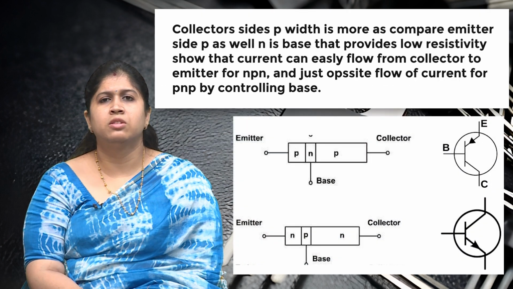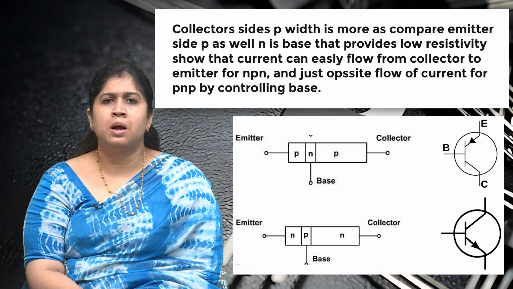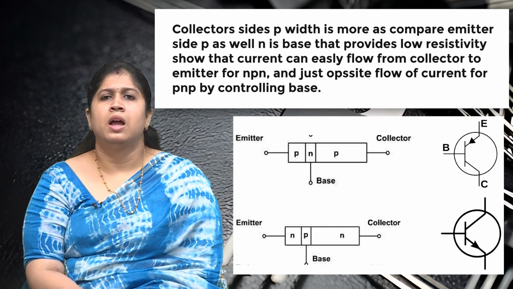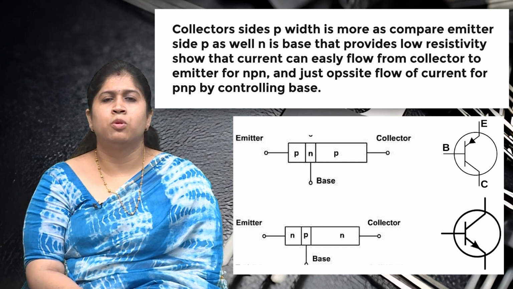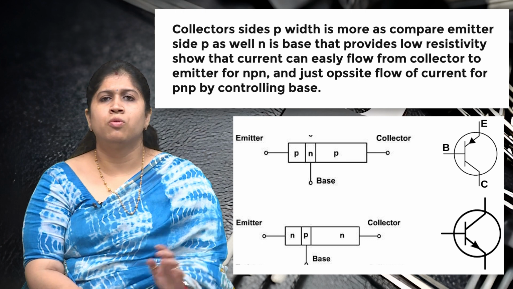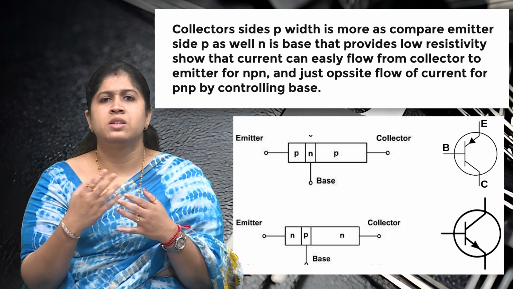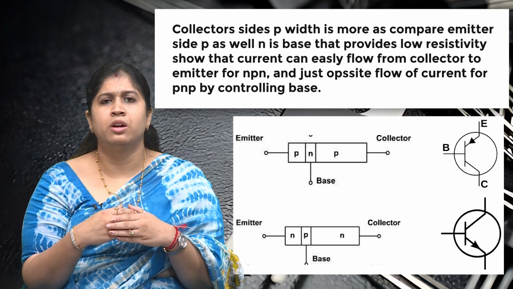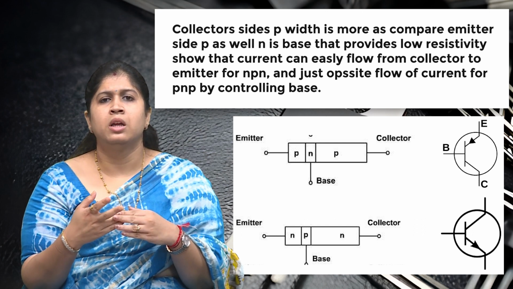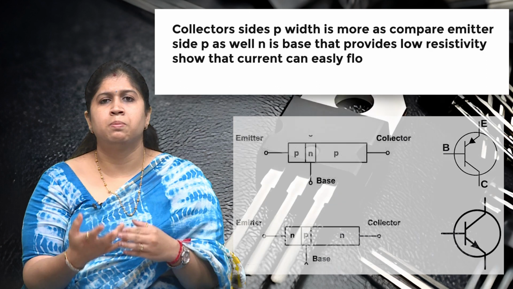In this figure, the collector side width is more compared to the emitter side, and the base provides low resistivity so that current can easily flow from collector to emitter for NPN, and just the opposite flow of current for PNP, by controlling the base.